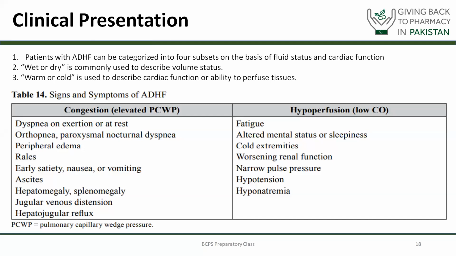Or dry, if the volume is euvolemic or less, the patient will be dry. This wet and dry you will determine from the pulmonary capillary wedge pressure. If the wedge pressure is too high, it means the patient is wet and there is too much volume in the body. And if the pulmonary capillary wedge pressure is low, it means the patient is dry, and how dry you can calculate from the pulmonary capillary wedge pressure. The other condition is warm or cold.